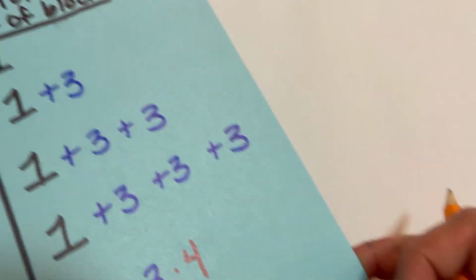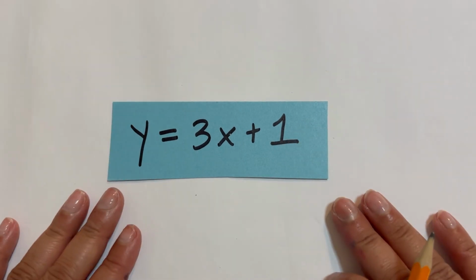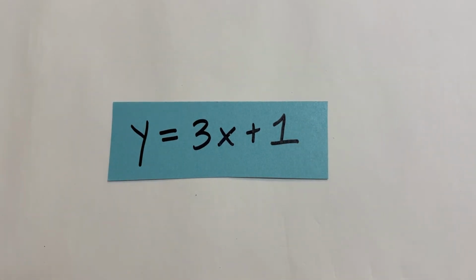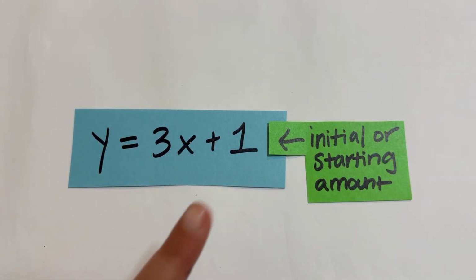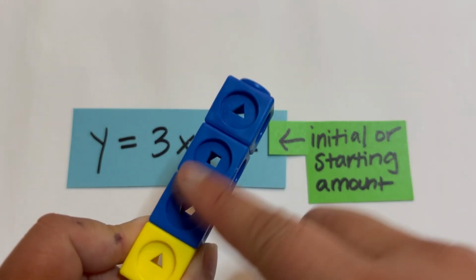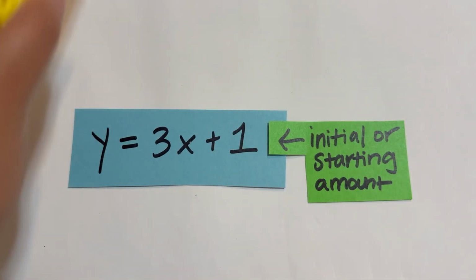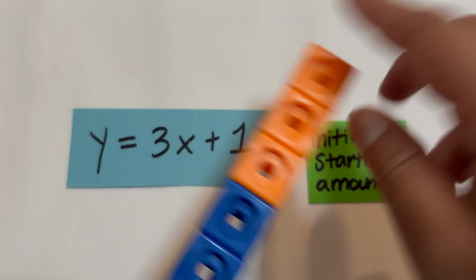Let's look at that equation and the parts of it. So this equation represents how the blocks are growing. 1 is that first initial block we started with, the yellow block. Then we kept adding 3. We added 3 in the first step. Then we added another 3 in the second step.